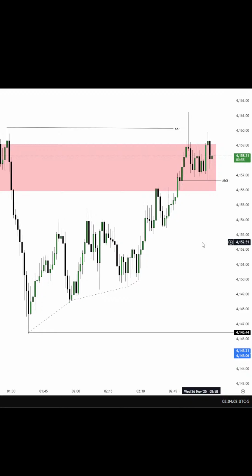The market is just consolidating and not going down. Let's wait and wait and wait.